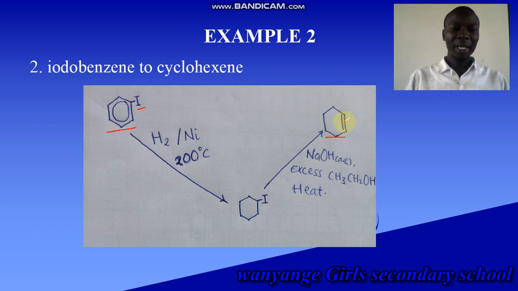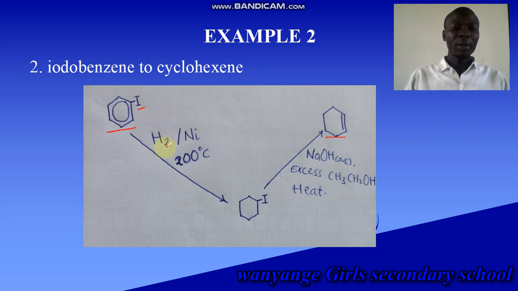So you realize that actually we still need to remove this ring. Then two, after removing the ring, we shall form a cyclic alkyl halide. Now after that, to convert the cyclic alkyl halide to an alkene, then you need to dehydrohalogenate it. So let's do it.